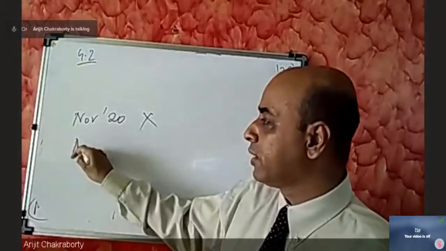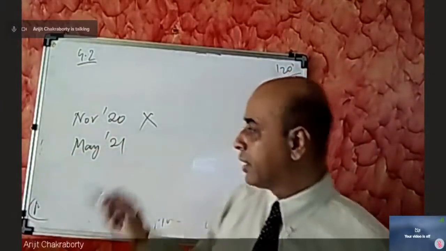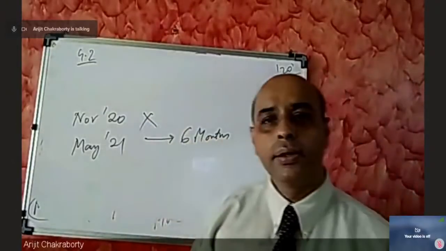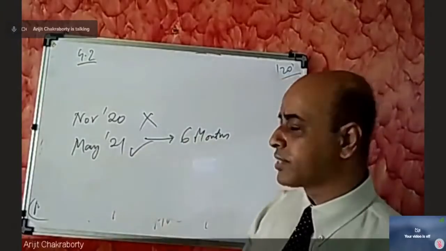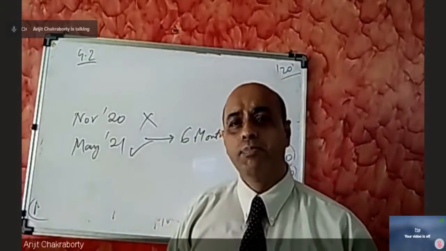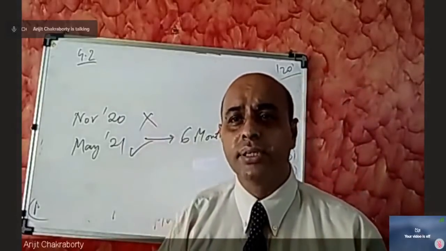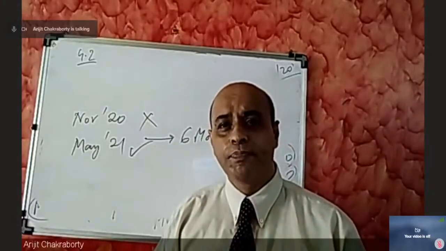So I have to appear in May 21, a gap of 6 months. Say I pass in May 2021, but there is a gap of 6 months. I become a chartered accountant after 6 months.